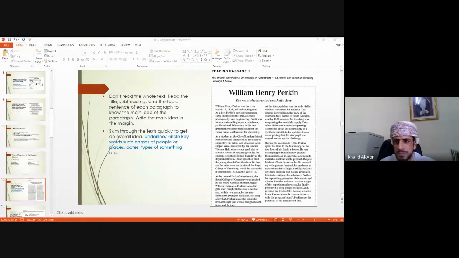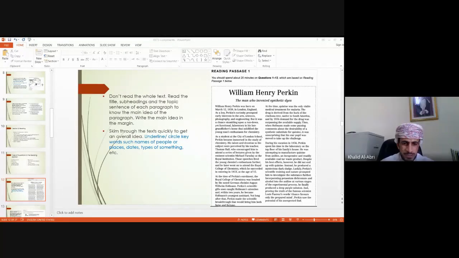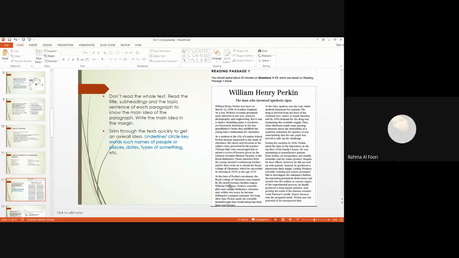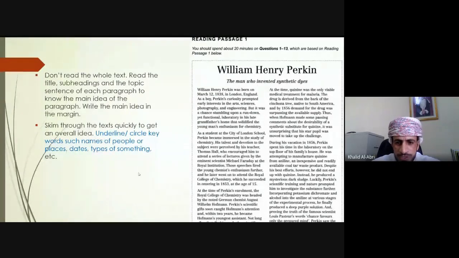Yes, go ahead, Mr. Saleh. I think it's in the third paragraph. So it is in the third paragraph. Let's see. The third paragraph, you mean this one, yes? If you meant the details, it's very difficult unless the participant has his mobile and can enlarge the page. Okay, fine.